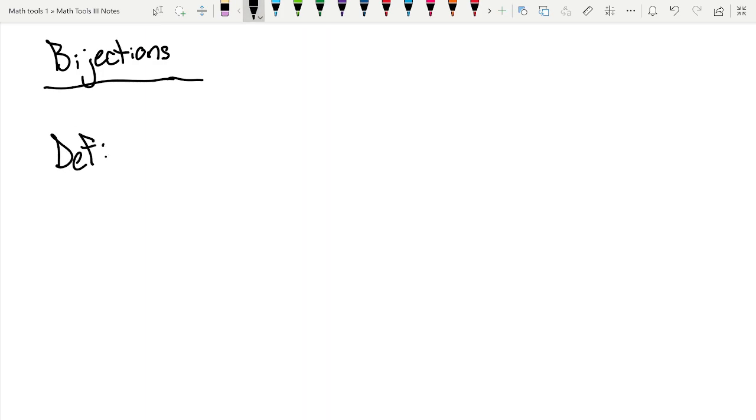We'll first define this, and this is not really new. Let f from A to B, that's kind of a sentence even though it doesn't look like one. Let f be a function from A to B is usually how this is read.